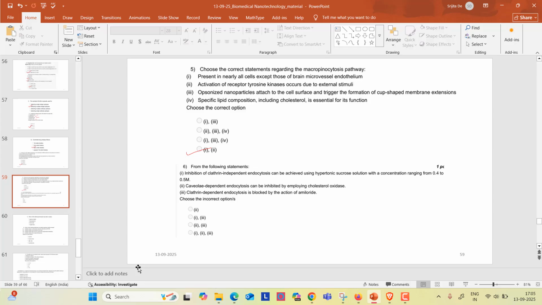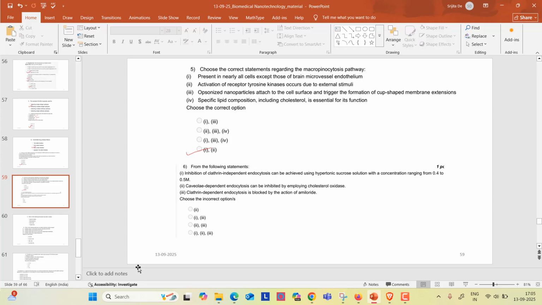Next is the question: 1: Inhibition of clathrin-independent endocytosis can be achieved using hypertonic sucrose solution with a concentration ranging from 0.4 to 0.5 molar. 2: Caveolin-dependent endocytosis can be inhibited by employing cholesterol oxidase. 3: Clathrin-dependent endocytosis is blocked by the action of amiloride.